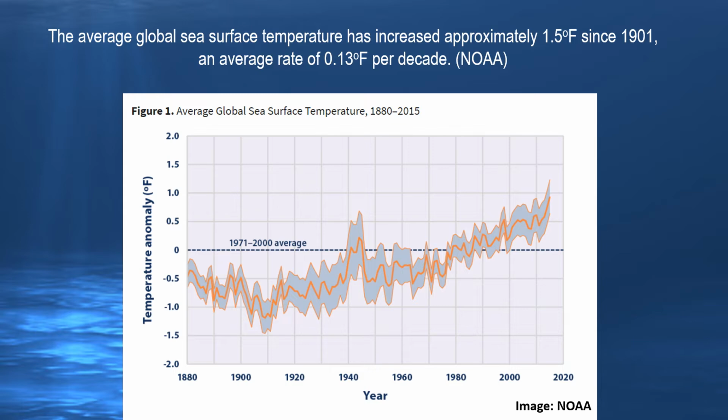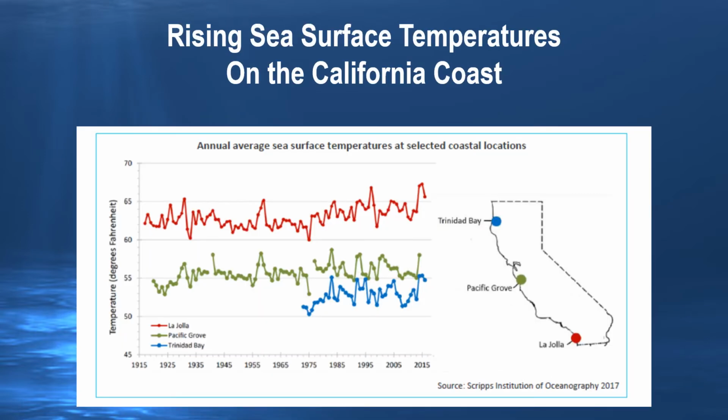This equals an average rate of 0.13 degrees Fahrenheit per decade, according to the National Oceanic and Atmospheric Administration. Right here in Pacific Grove, the sea surface temperature has increased at a rate of 0.2 degrees Fahrenheit per decade between the years 1920 and 2014.